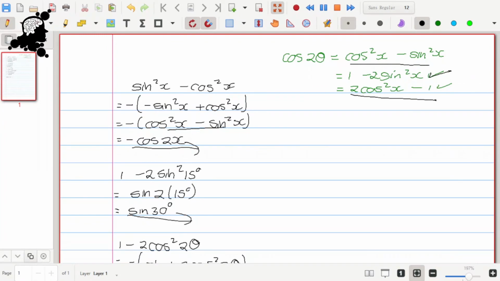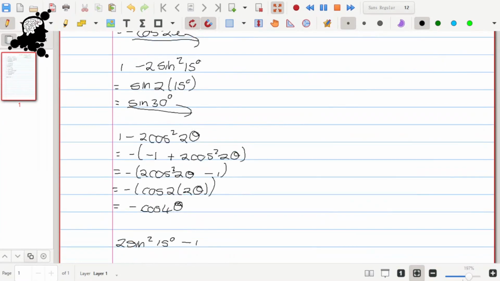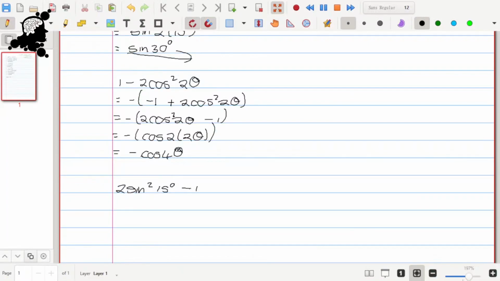But this is 1 minus 2 sine squared x, and the question has 2 sine squared 15 degrees minus 1. Once again, let's take out -1 as a common factor. We're going to get -2 sine squared 15 degrees plus 1. Once again, we could swap the terms in the bracket and get 1 minus 2 sine squared 15 degrees.